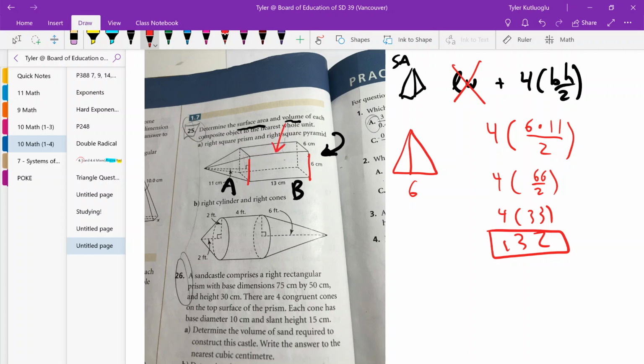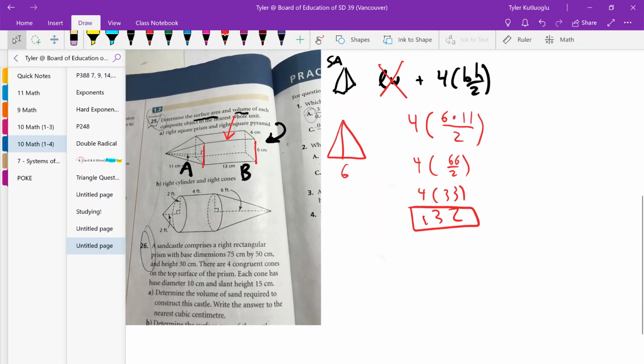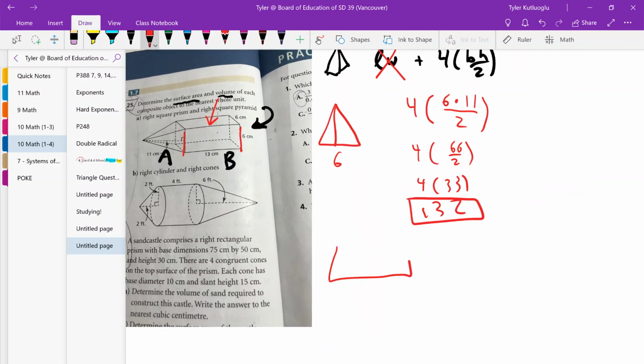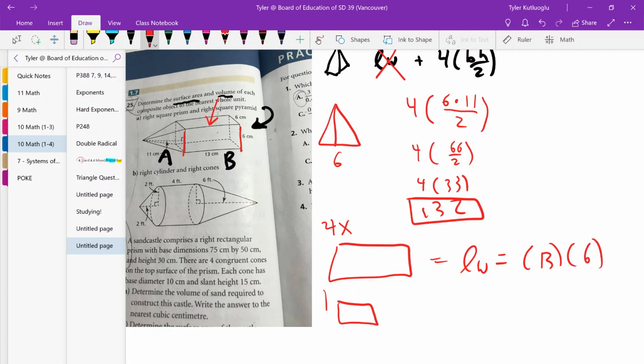Now, to do this part, the rectangle, we need to think about which faces are showing. I know that I'm going to have 4 of these long rectangle sides and 1 of the one that's on the base, the little rectangle. The area is length times width, and I'm going to put in the numbers. So this one is 13 long and 6 tall, because we can see, let's erase that so we can see, 13 on this side and 6 on that side, and each of the rectangles is the same all the way around all 4 sides.